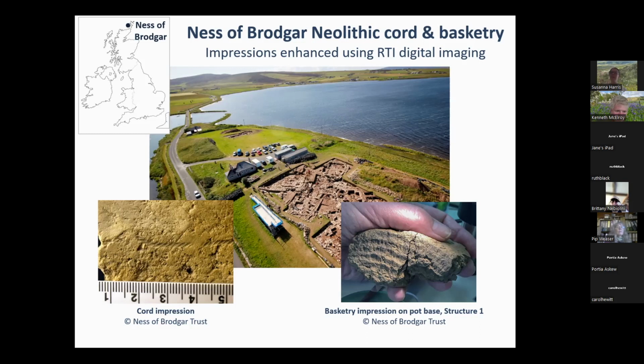And actually, this is an impression of coiled basketry. In the image on the left, there's an impression of cord. And this is a 2-ply cord. And it's just a beautiful, clear impression with aspects of the sort of fibrous material of that cord showing up, which points to it being a plant fibre.